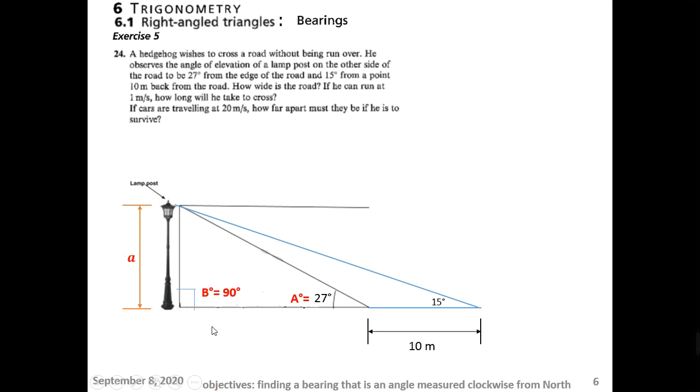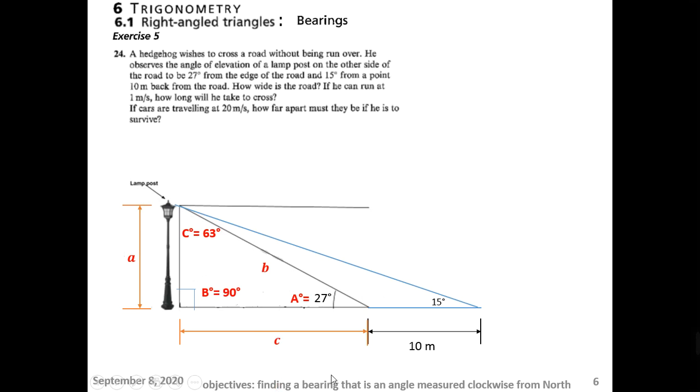So if I name it as B, then it's equal to 90. Then this black hypotenuse, which is right across the 90 degrees, is actually B small. The third angle here is C, which is equal to 63. Why 63? Because if I add 27 and 90 and I subtract the result from 180, I will end up with 63.